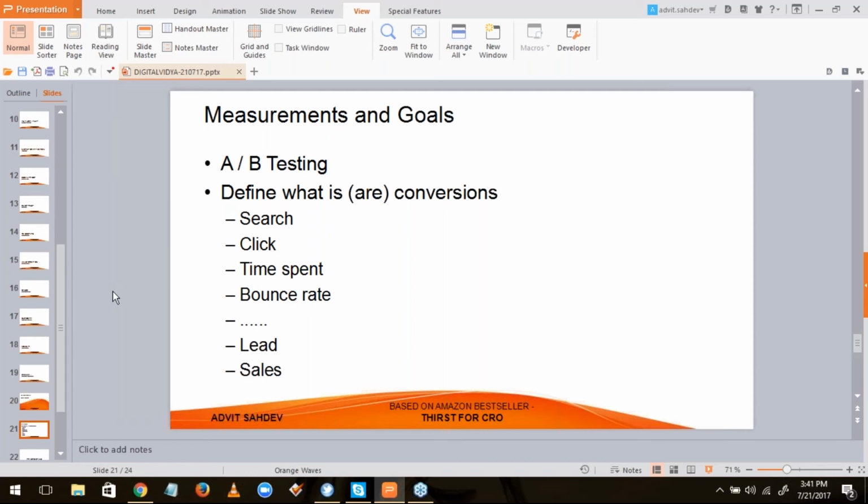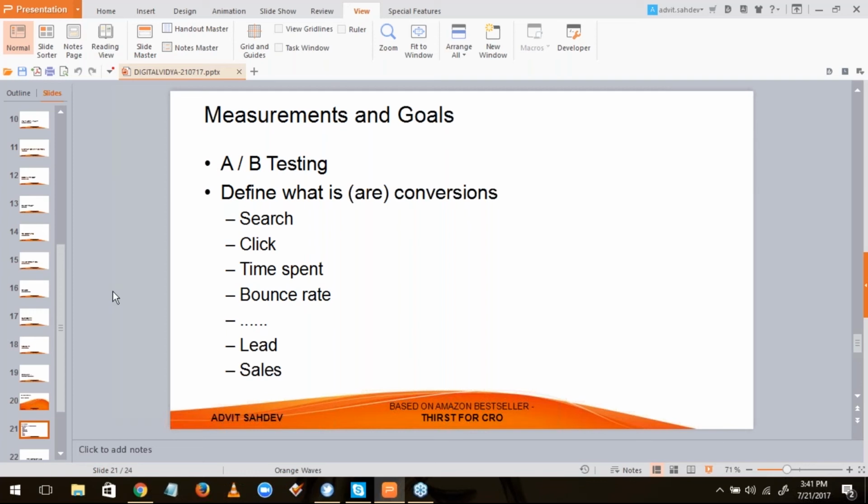With image A, my conversion rate was 2%. I implement image B and I see that the conversion rate is 2.5%. So I immediately know that image B is working better than image A. I start using image B, where my conversion rate is now 2.5%. That optimization is done.